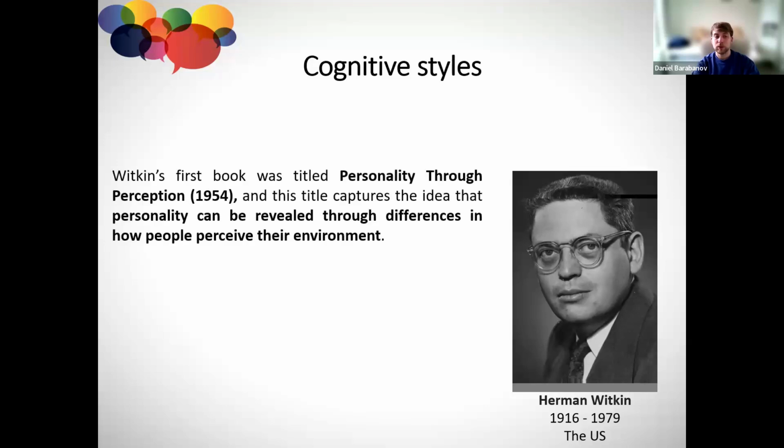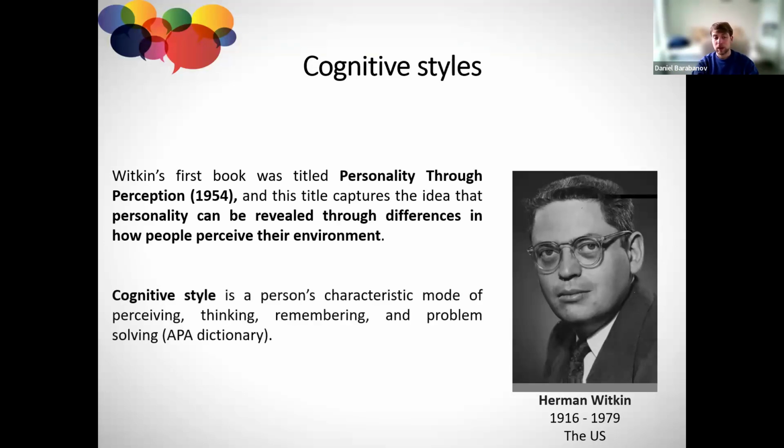His first book was published in 1954, even before cognitive psychology emerged as a holistic school of thought in psychology. Basically, he tried to find individual differences between people in how they perceive information.